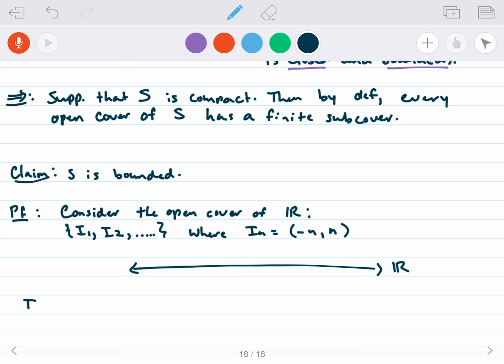And so, we have I1 is -1, 1, I2 is -2, 2, etc. And so we have something that looks like this. We have I1, I2, I3, and so eventually we're going to cover the real numbers, right?